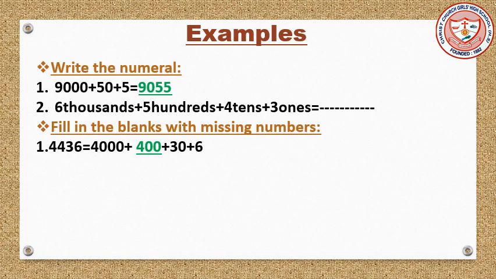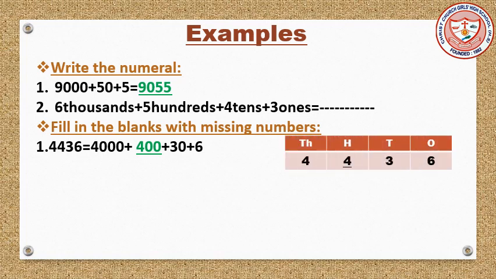So why 400? Girls, if you arrange the number 4436 in the place value chart, you can easily find out that 4 is sitting in hundreds place. That is why here the missing number will be 400. Okay.